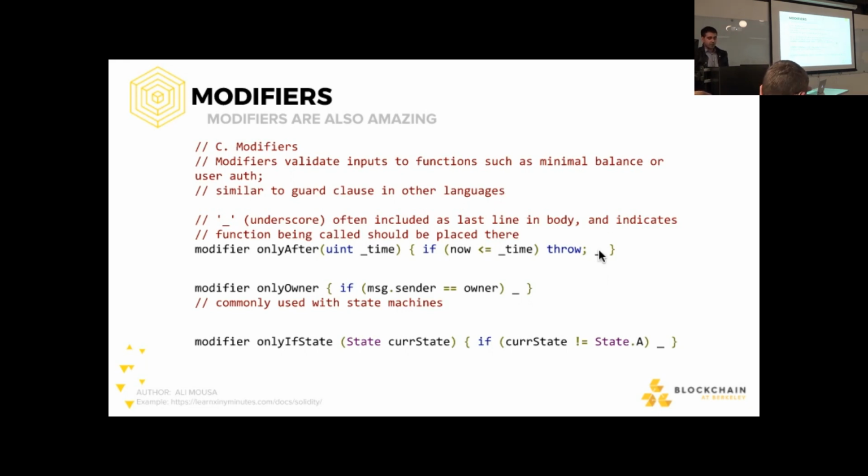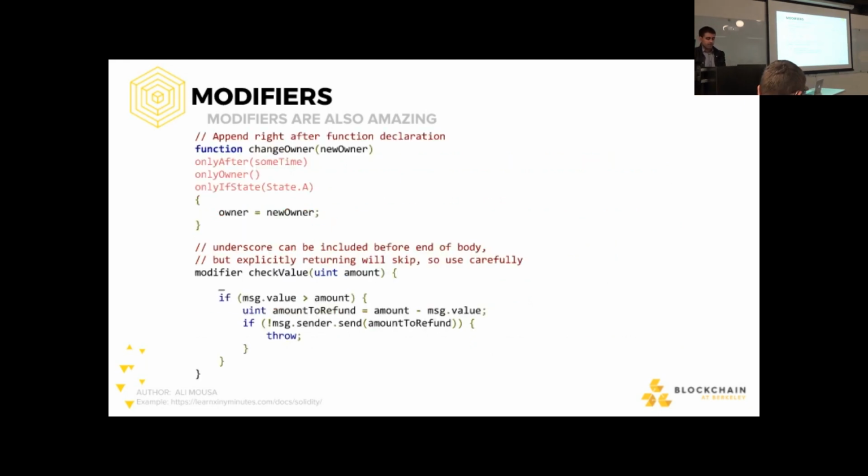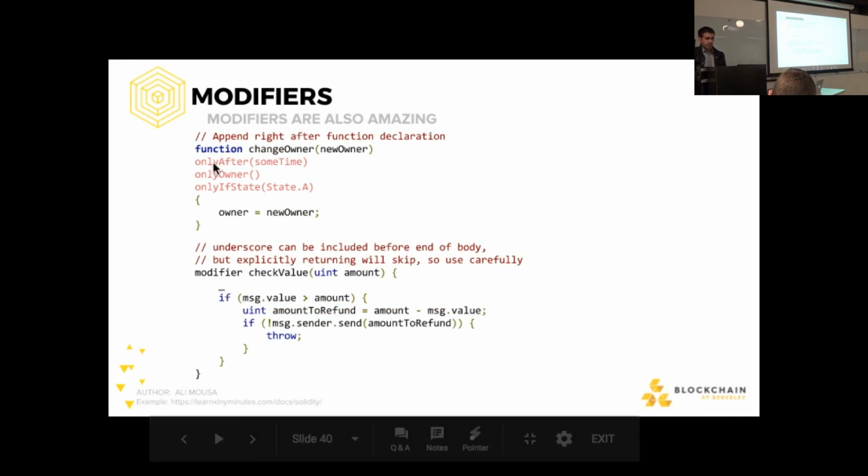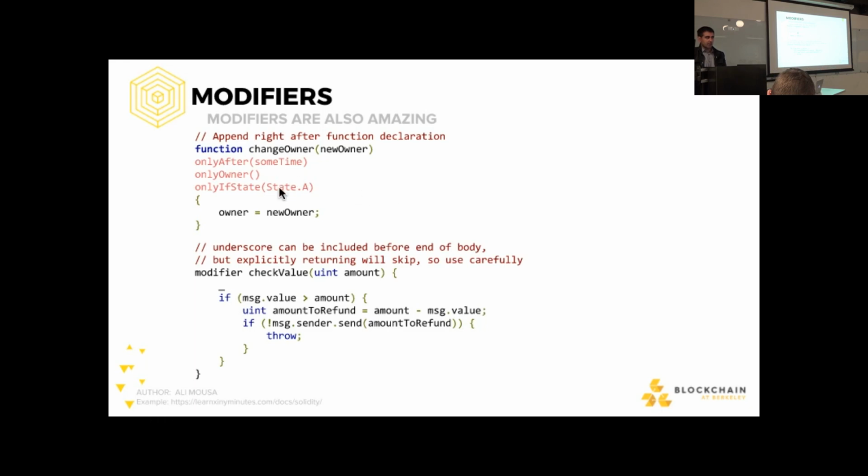That's where the function's code goes for which you put the modifier on. So if you look here, wherever the dash is, for example, modifier check value, that's where the function information will go, and you'll put the modifier right after the function declaration. Does that make sense?